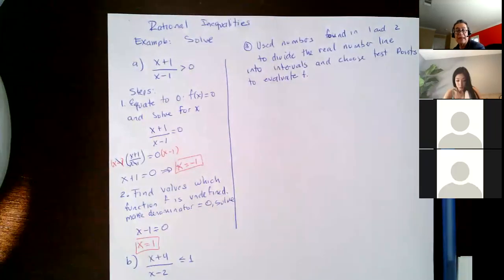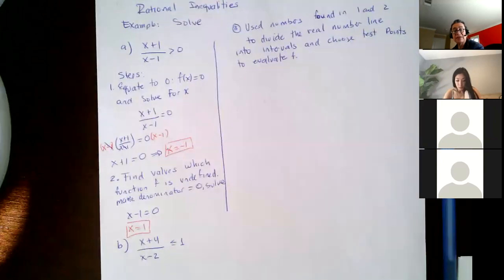Yes. All right. Now notice we found two values, x equals -1 and x equals 1. Now we're going to use those two values and we're going to do the number line as we did before, you guys. So that would be step number 3 right here.